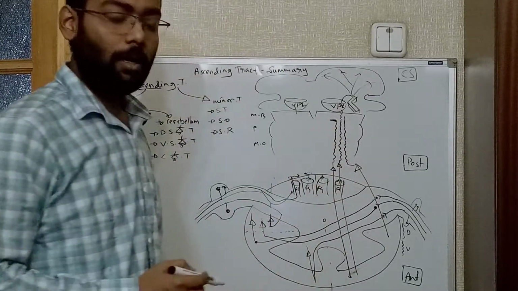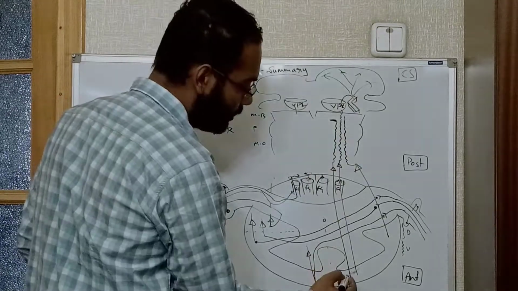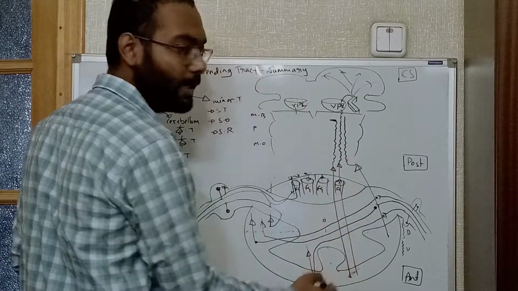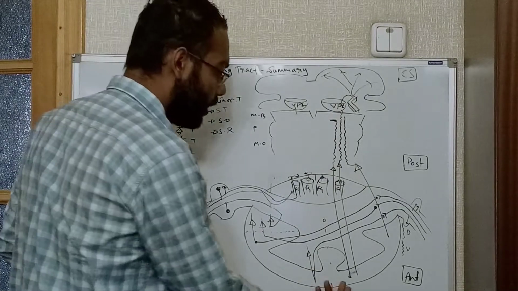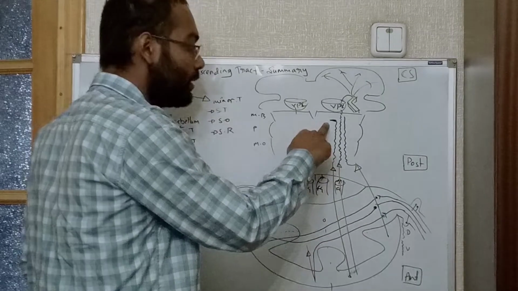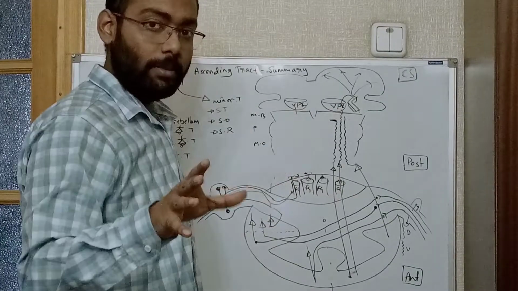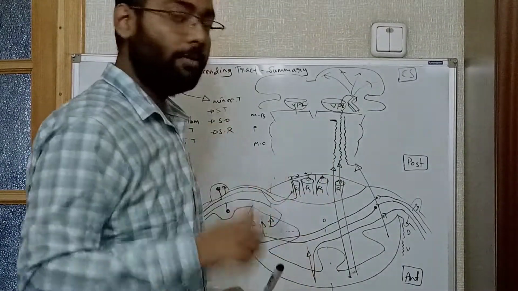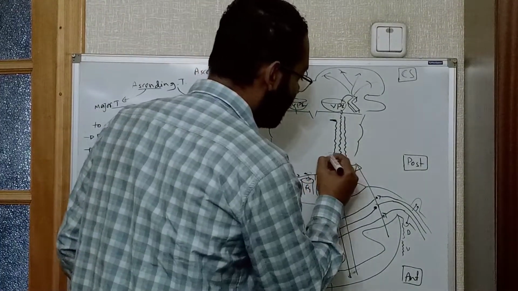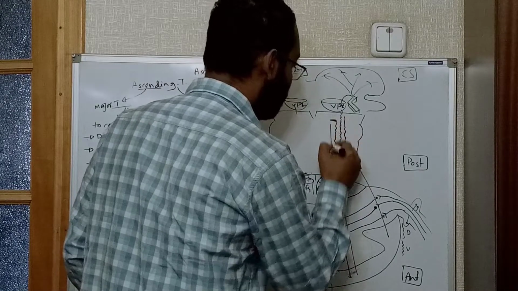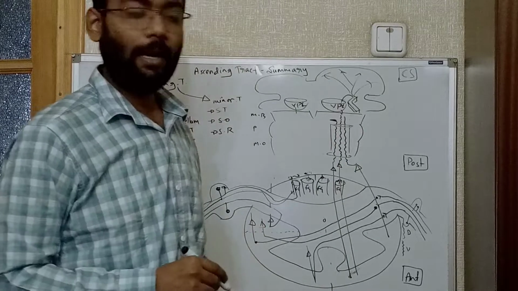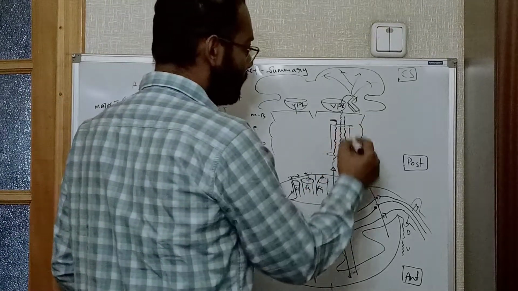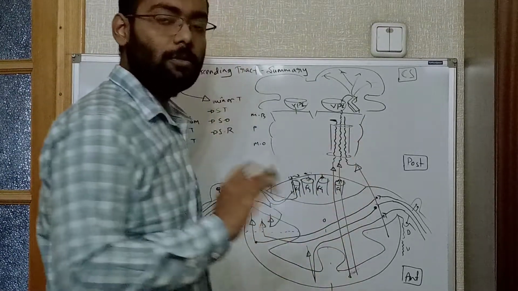This was our spinotectal tract, and when I say spinotectal tract, the tectum is ending up here. This is the midbrain, and that's why it will end up here. Now these three tracts together are known as our spinal lemniscus.